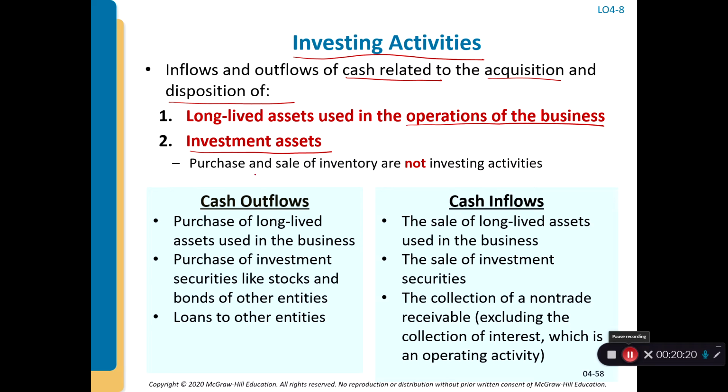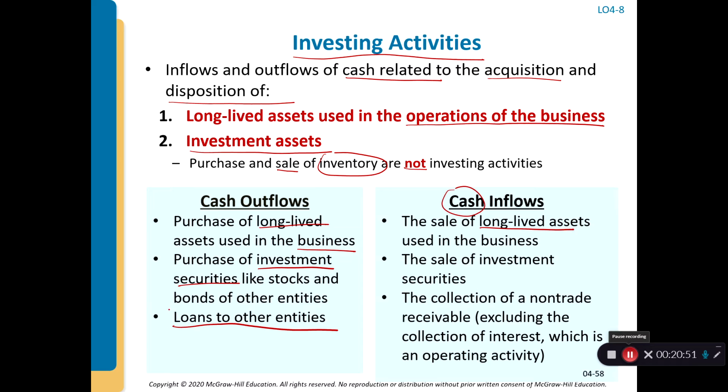So purchasing and sale of inventory is not considered as investing activity. And in terms of cash outflow, specific examples are the purchase of long-lived assets used in the business, or purchase of investment securities like stocks and bonds of other entities, or loans to other entities as well.